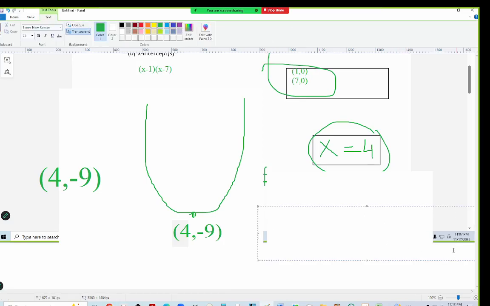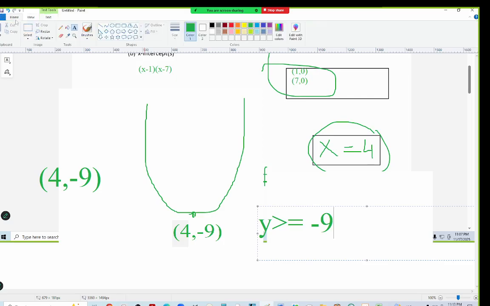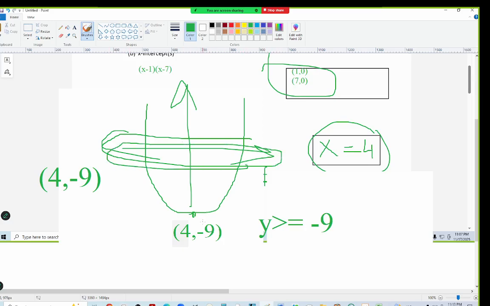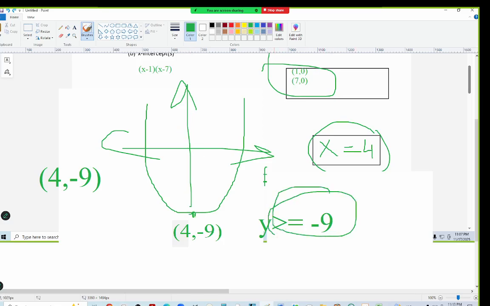But I would write the range like this. Y is bigger or equal to minus 9. The x value always dictates the left and right of a graph, and the y values always dictate this. So the x values are always called the domain, and the y values dictate the range. Parabolas, because they start at one spot and either go up or down, have a range that's limited by the y value here.